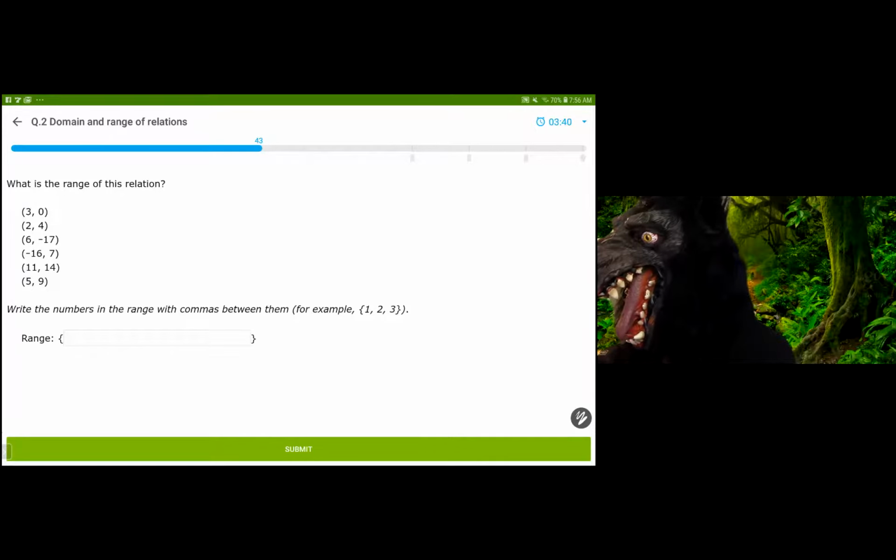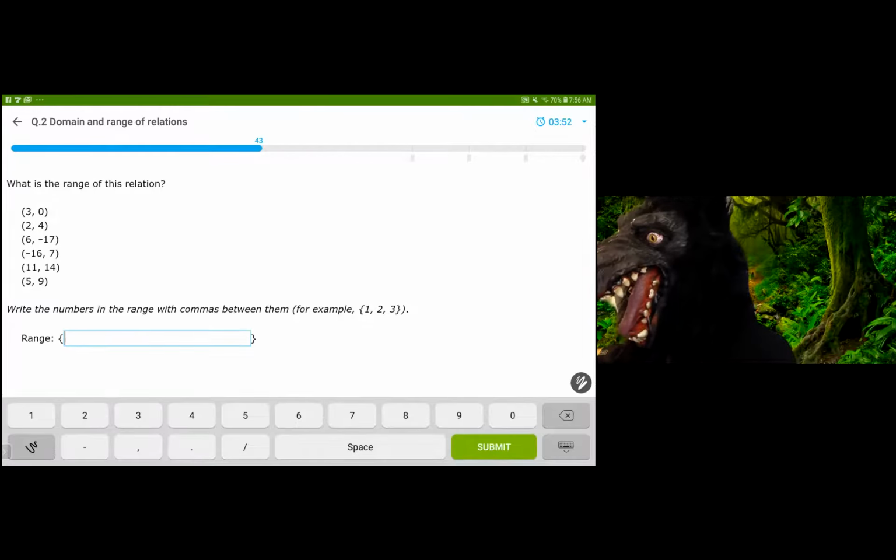Now the question is, is this a function? And by the way, it looks like it is. There are no x's that have two different y values with them. So this is a function, by the way. But we want the range. So we're looking at 0, all the y values, comma, 4, comma, -17.